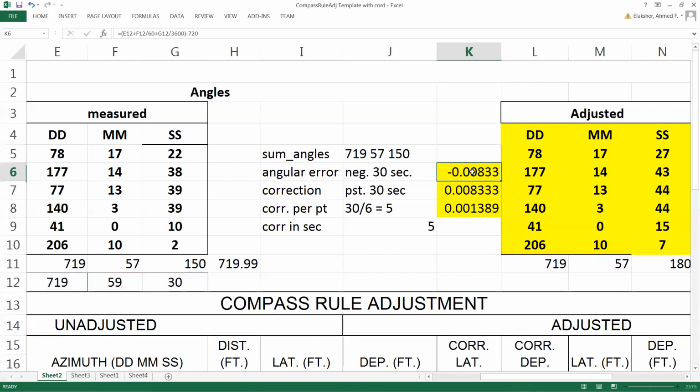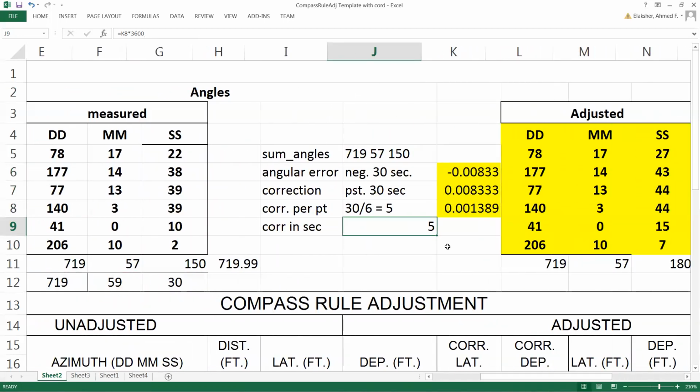So that's the angular miscue or the angular error in seconds in degrees, and this is the correction. Just flip the sign and then distribute it among all of them by dividing it by 6, you get a 5 here. Correction of positive. Now this should work if you have your errors in seconds. Now in minutes, I'll have to check if it's going to allow us to do that in minutes. And once we do this, that's a correction in seconds per point.